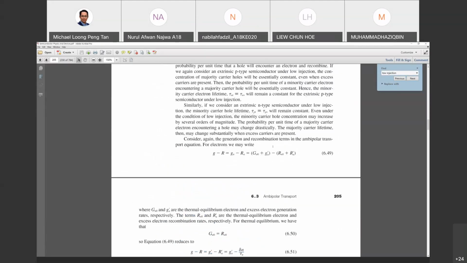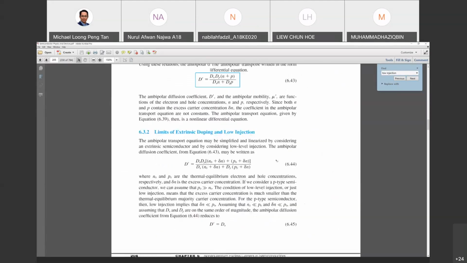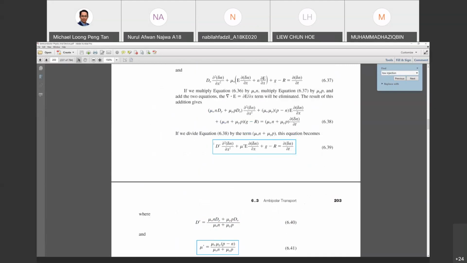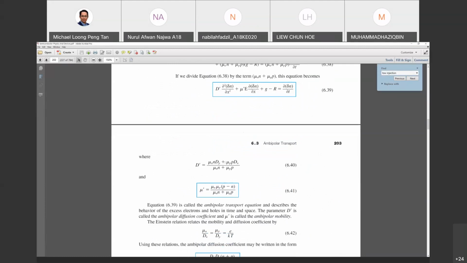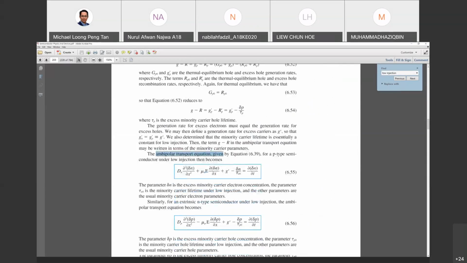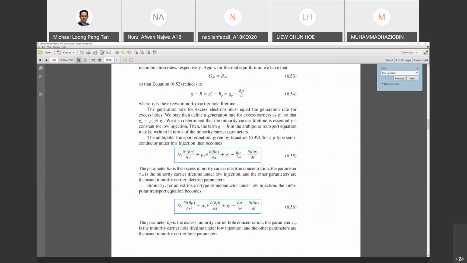This is the general one, 6.39. Ambipolar equation is this one. And then they want to simplify it. They can simplify it further: 6.39 for p-type under low-level injection becomes this one. They want to basically get this equation, what I can tell you.